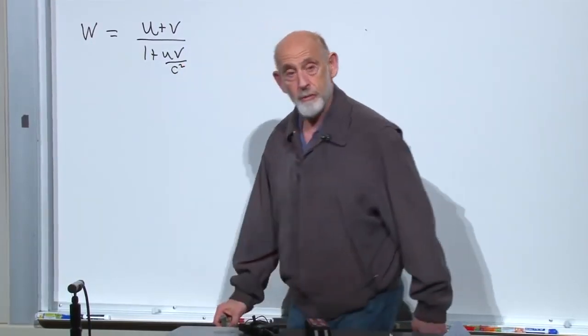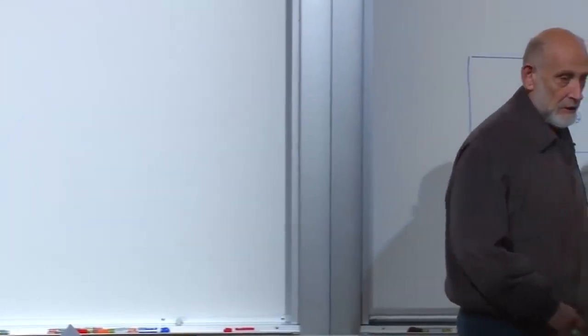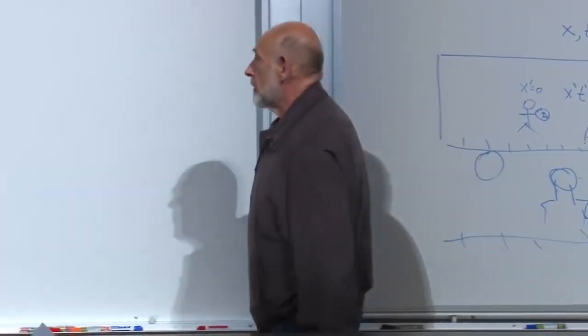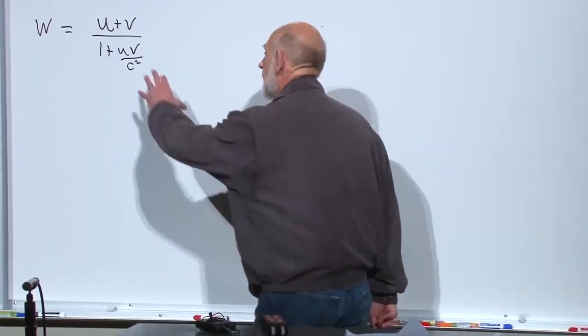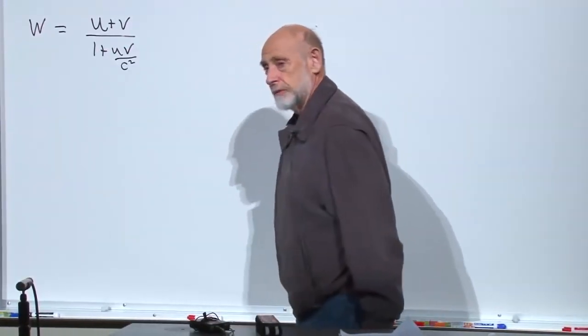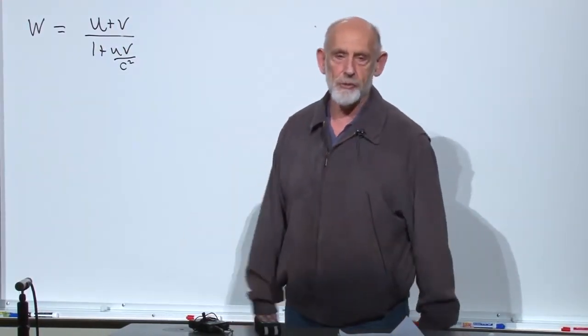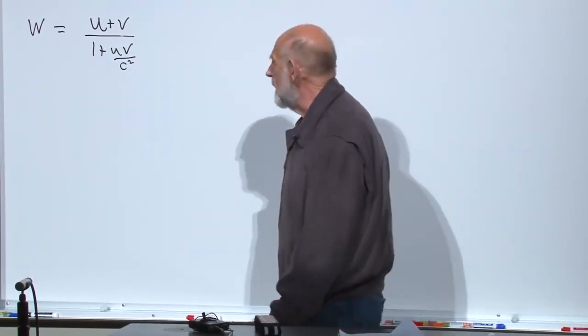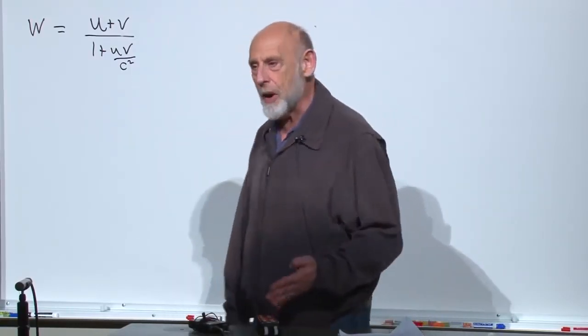uv over c squared will be very small. We'll put in some numbers in a minute just to test that out. As long as u and v are small compared with the speed of light, this will be negligible. It's the product of two ordinary velocities, 100 meters per second or whatever it is you want to put in, divided by 3 times 10 to the 8th meters per second, all squared.